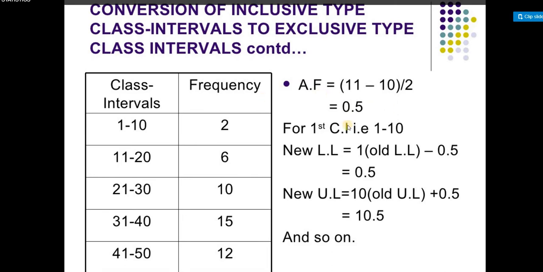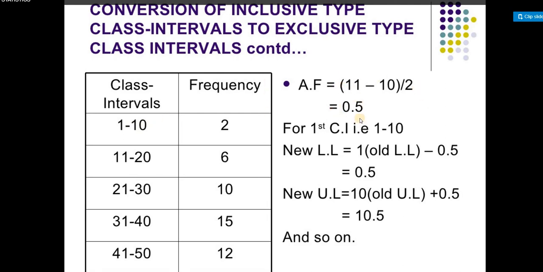Then we need to subtract this 0.5 from the lower limit. Here 1 minus 0.5 is 0.5. In the upper limit, you need to add this 0.5.